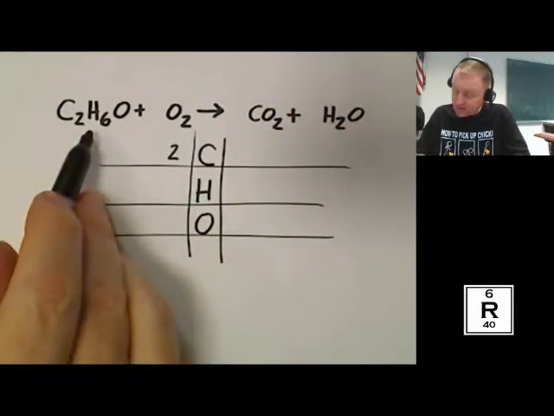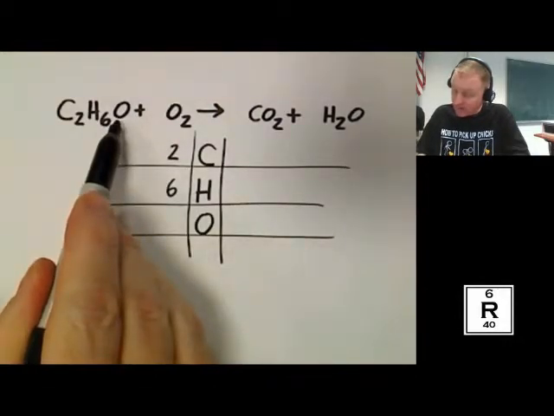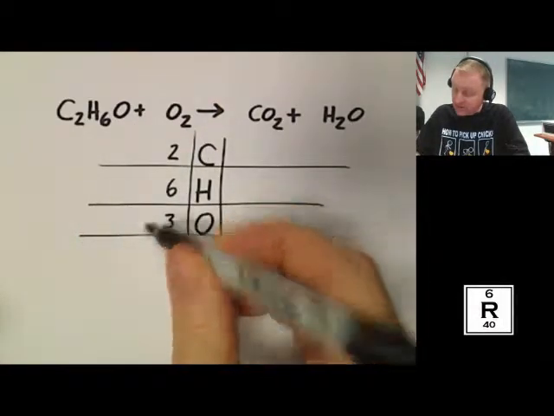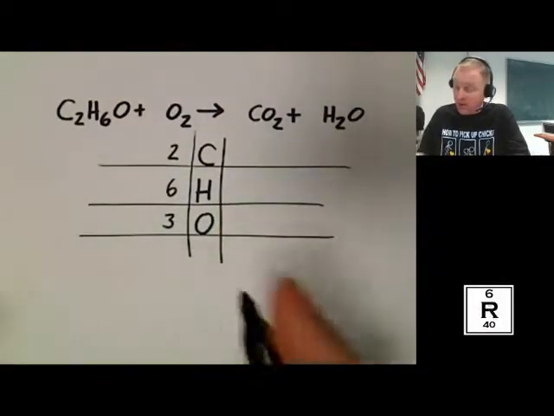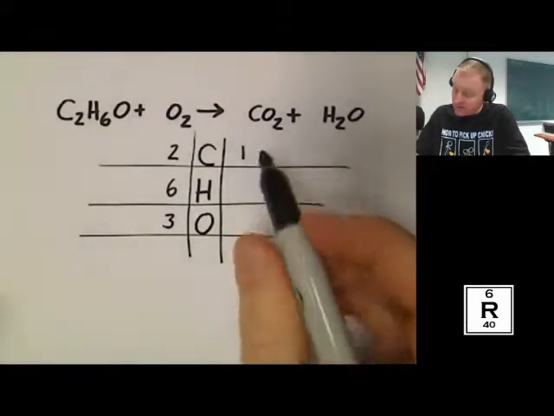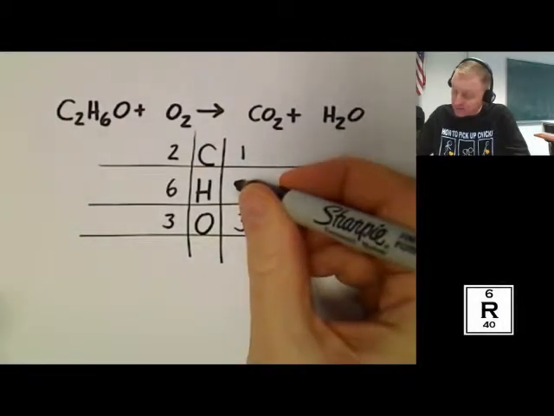I've got 6 hydrogens as reactants, and I've got 1 oxygen and another 2 oxygens. So I've got a total of 3 oxygens on my reactant side. On my product side, I've got 1 carbon, I have 3 oxygens, and I've got 2 hydrogens.